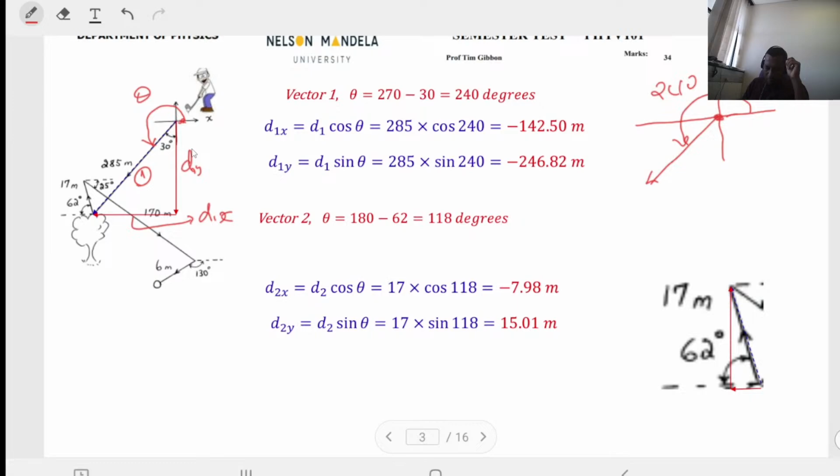If you decompose this vector into x and y, the x component is going to be this one, the arrow must be that way, and the y component must be this one. How do I get the x and y components of this vector? It's by definition. The x component is the cosine. Then d1x is d1 cosine of theta, where d1 is 285 as given, cosine of 240. I put it together, and this is my answer.